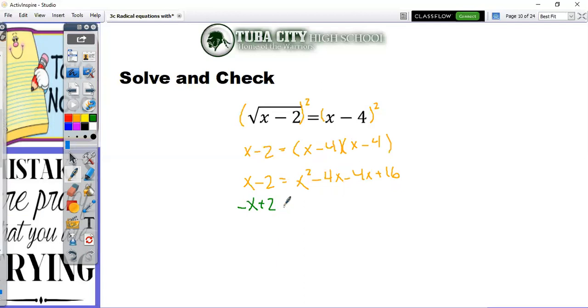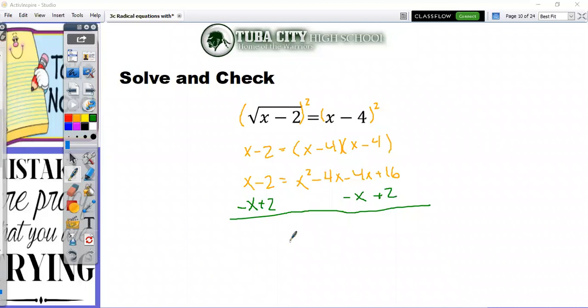Now in this case here, I am going to check to see if I can x squared, and then I'm going to have to add all these x's up. So negative 4 is negative 8. And I have one more, which would be negative 9. And 18 would be this number here, 16 plus 2.